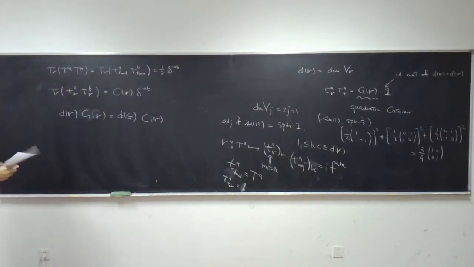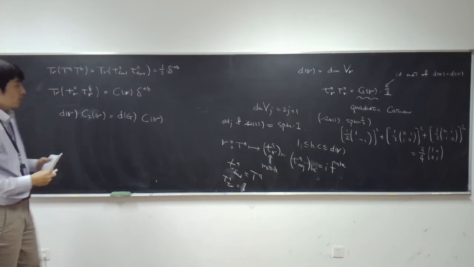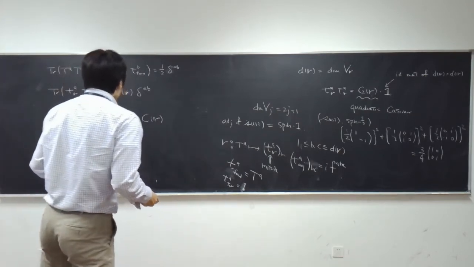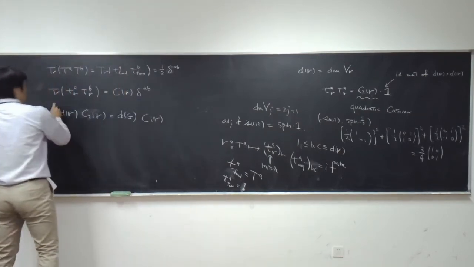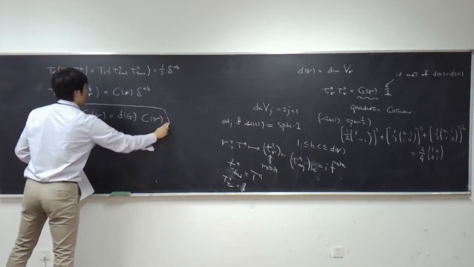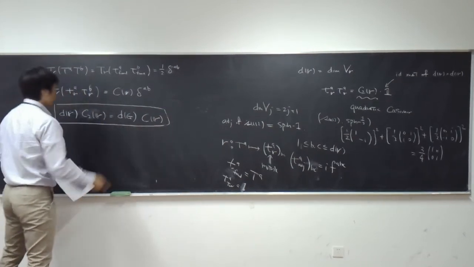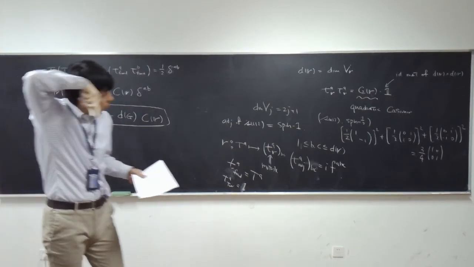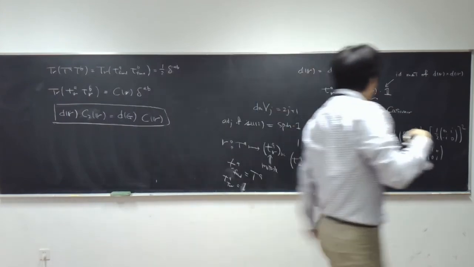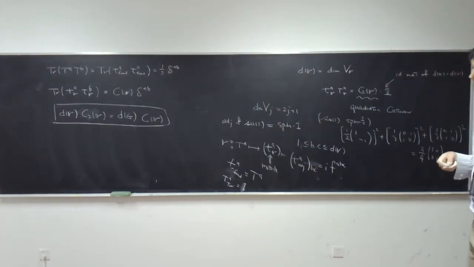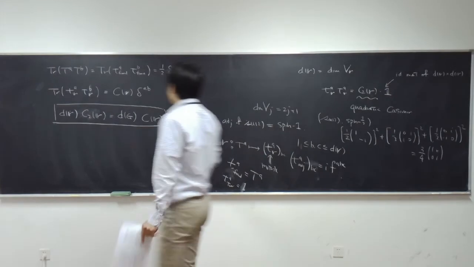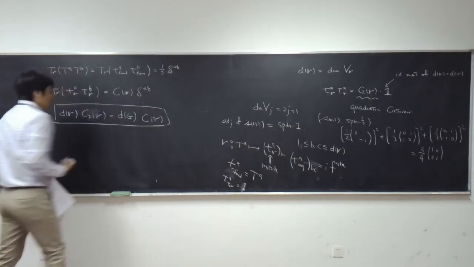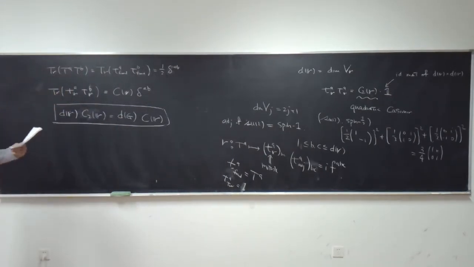So that's the relation between the Casimir and this C of R. Here D of G is the dimension of the Lie algebra, the Lie group.